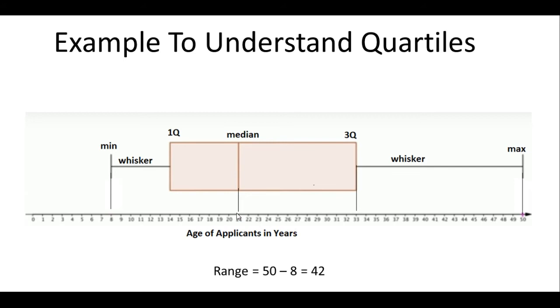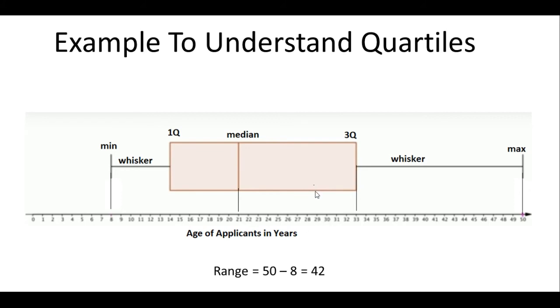So in the normal case, the data starts from 8, and between 8 and 50 we have 42 values. If we divide 42 by 2, then we have 21. So we add 21 years to 8, and that is 29.